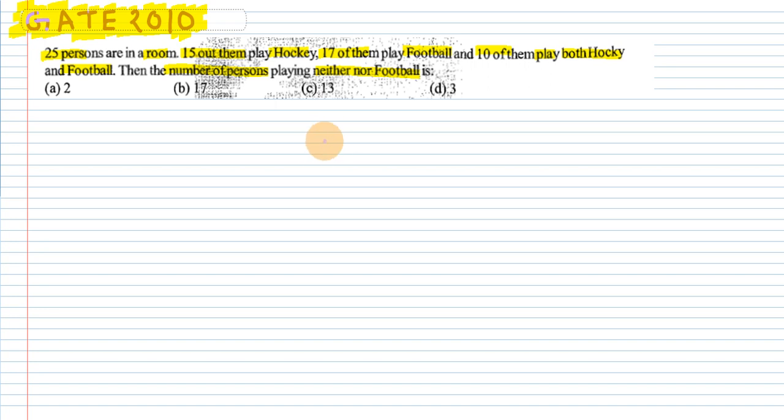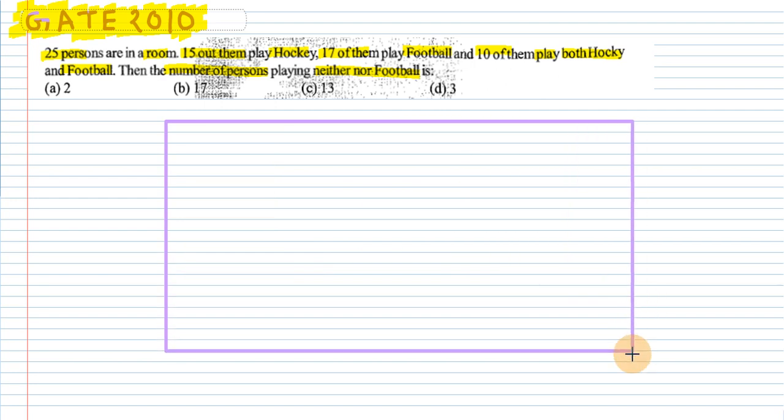So let's solve this question. We will solve this question by using a Venn diagram. For the Venn diagram, let's draw the first rectangle. Suppose this rectangle represents the room, and in the room there were 25 people. They have given two sets, hockey and football, and there is also an intersection of them, meaning there are persons who play both hockey and football.